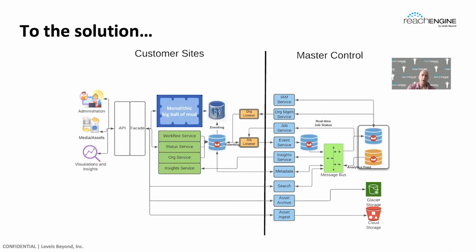So we wanted to build essentially master control in the cloud first, and help peel away certain services and capabilities that were sitting on-prem and give our customers that same capability in the cloud.